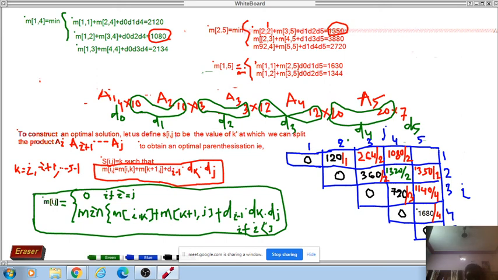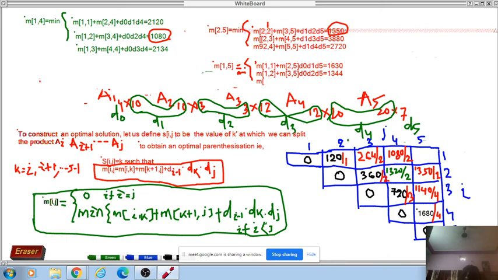this will be the last part, m of 1 3. This is how many matrices? This will be the matrix product from 1 to 5, that means 1 2 3 4 5. So the value will be m of 1 2 with k value 1 2 3 4.